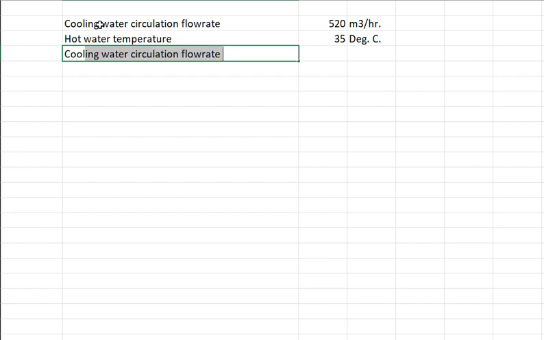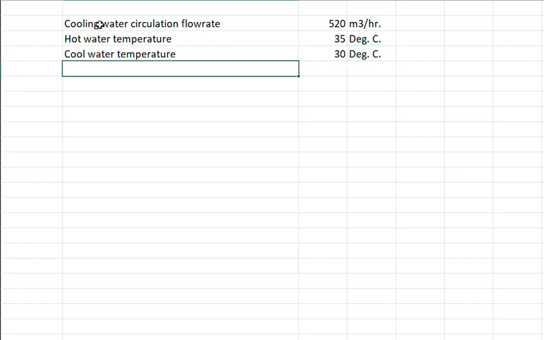Then the cool water temperature is the actual temperature of the cooled water after passing through the cooling tower cells. We also need the wet bulb temperature to perform the effectiveness and related calculations.